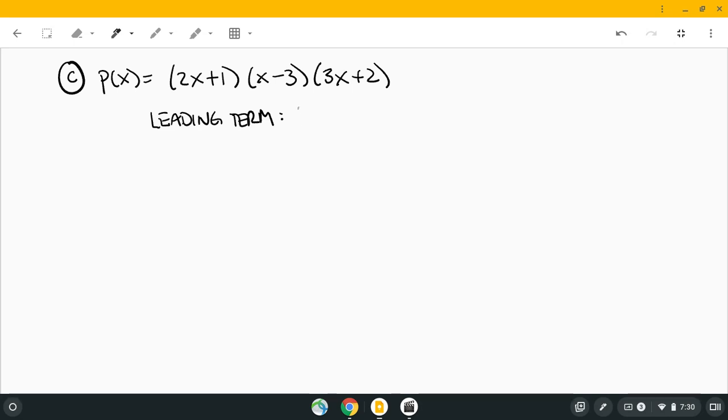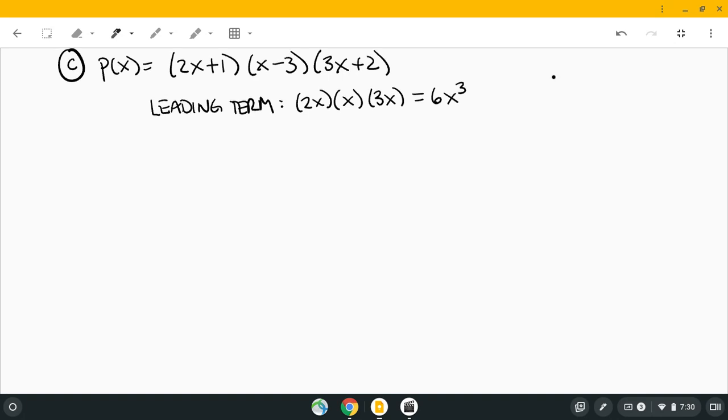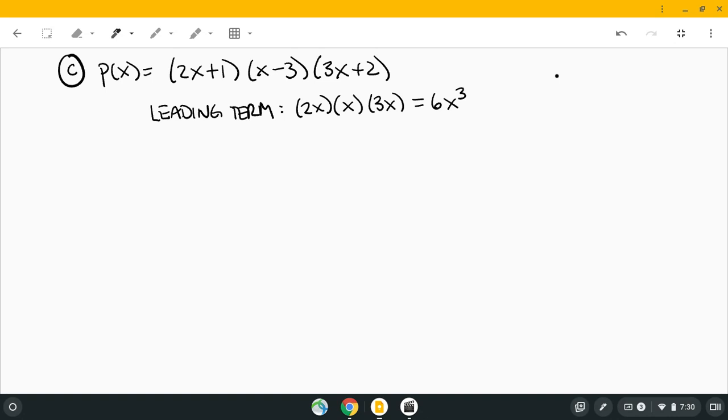So that's 2x times 1x times 3x. And so the leading term is going to be 6x to the third. Okay, so that's going to be your leading term. Now go ahead and try to find the left-hand behavior and the right-hand behavior, and then come back and check your answers with mine. Okay, hit the pause button.